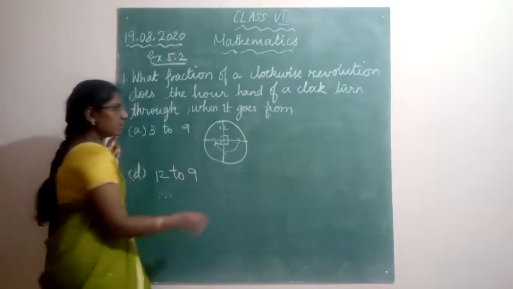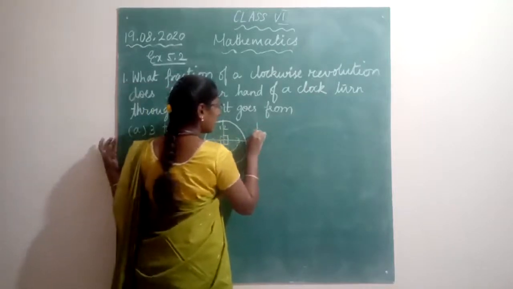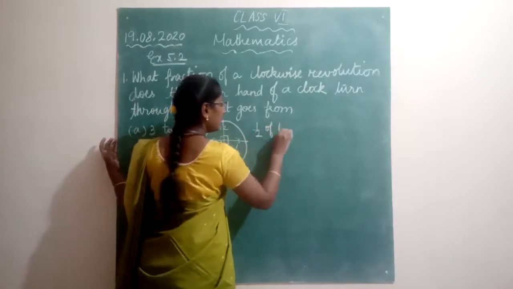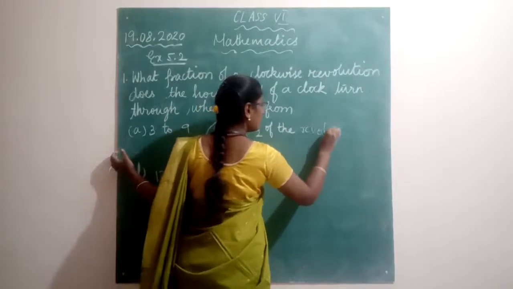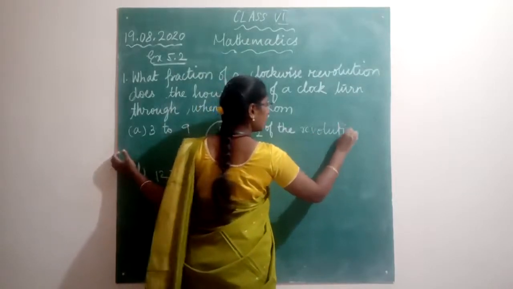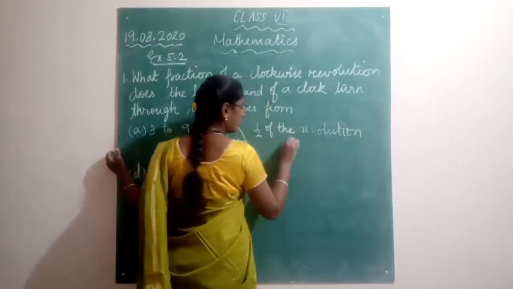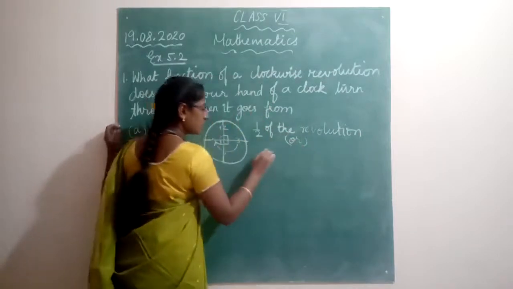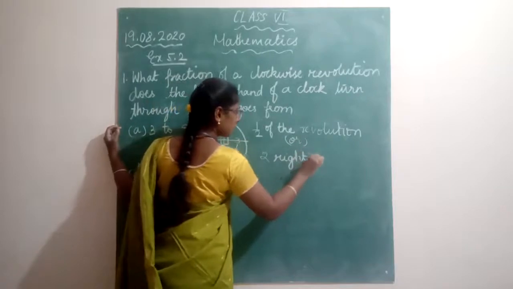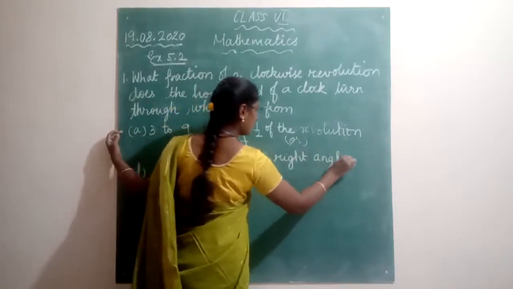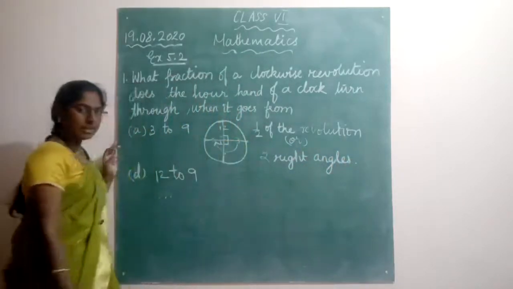Is it clear? So here you will write half of the revolution, or it covers 2 right angles. That is clear?